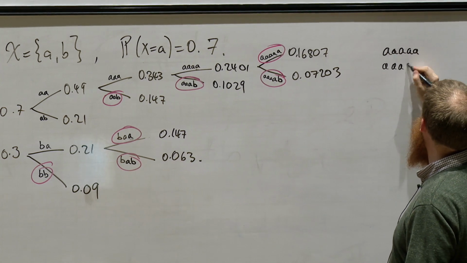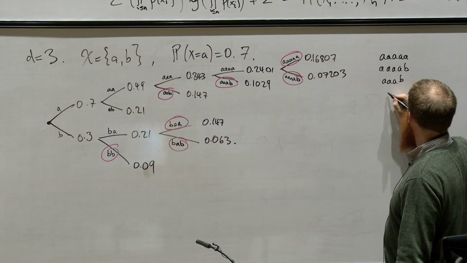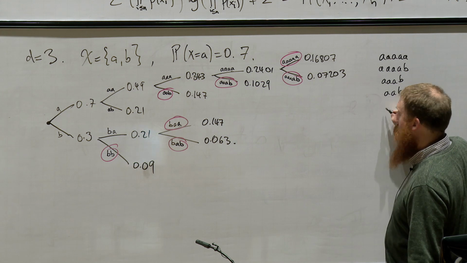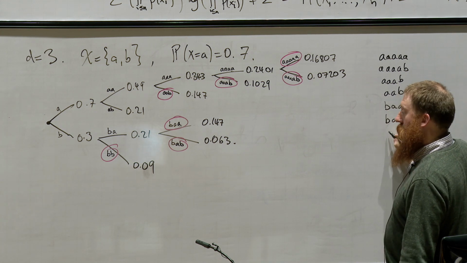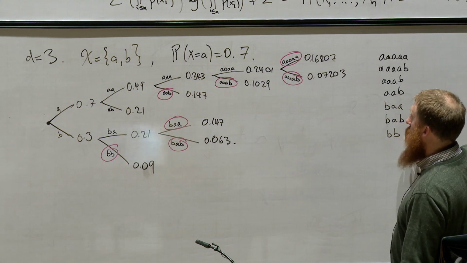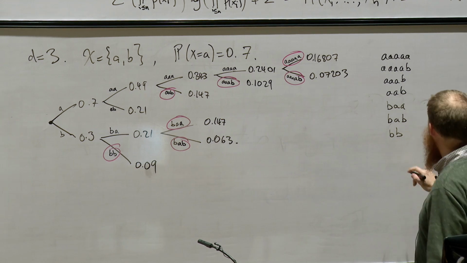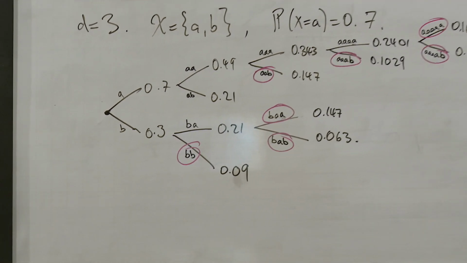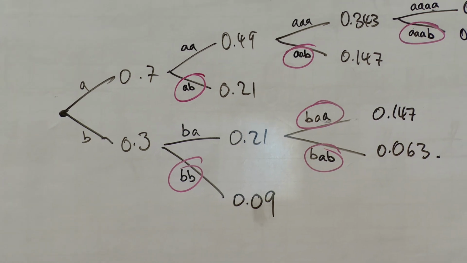A, A, A, A, B, A, A, A, B, A, A, B, B, A, A, B, A, B, B, B. 1, 2, 3, 4, 5, 6, 7. Which one have I forgotten? BB. AB. I forgot to circle it. There we go, AB.